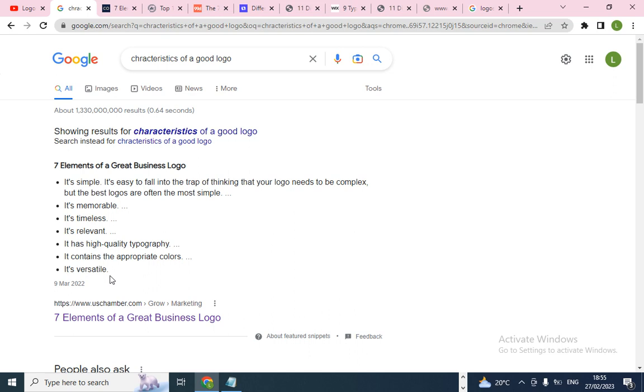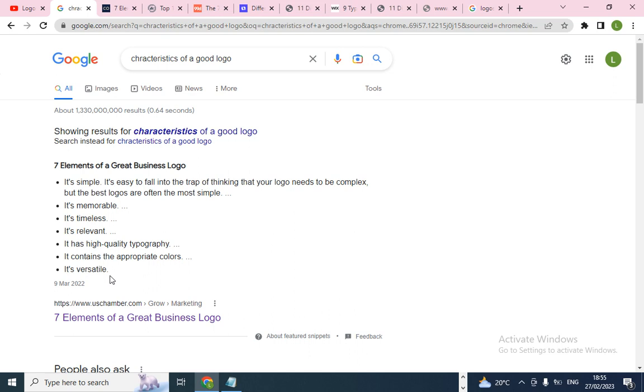I hope you have now got the different elements, characteristics, and principles of a good logo. These are the characters that a good logo should have. Once your logo does not have any of these, then it is considered a fake logo.